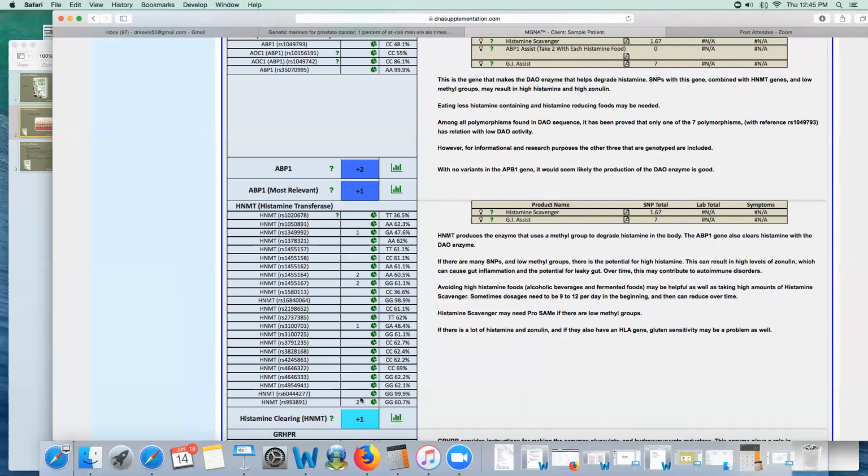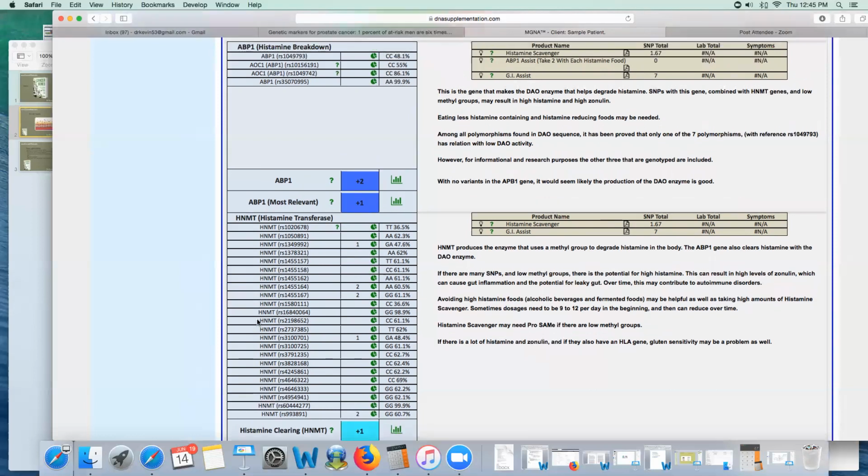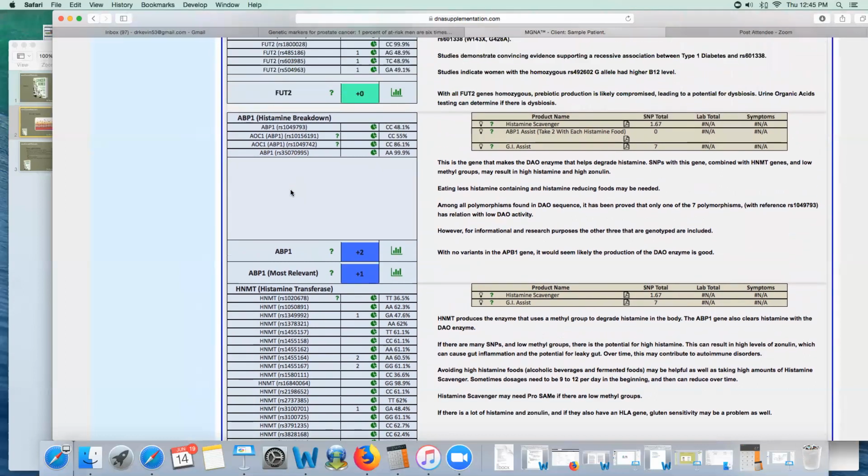So decreasing histamine levels with cancer patients can be very important. Now, if a person has cancer and they don't have any defects in here, then it's a good chance that histamine is not a fuel source for that cancer, which is good. But if they do have a lot of defects, then we definitely want to support this.